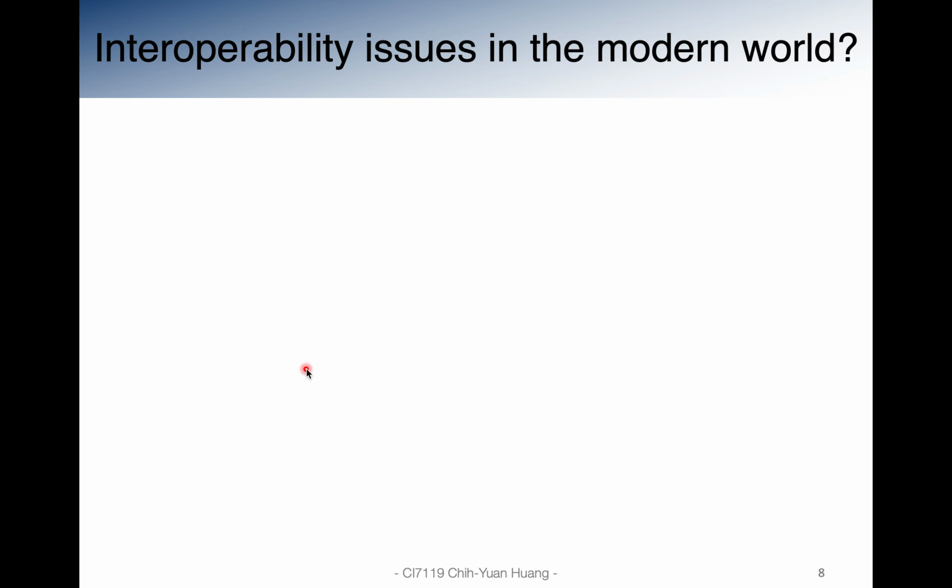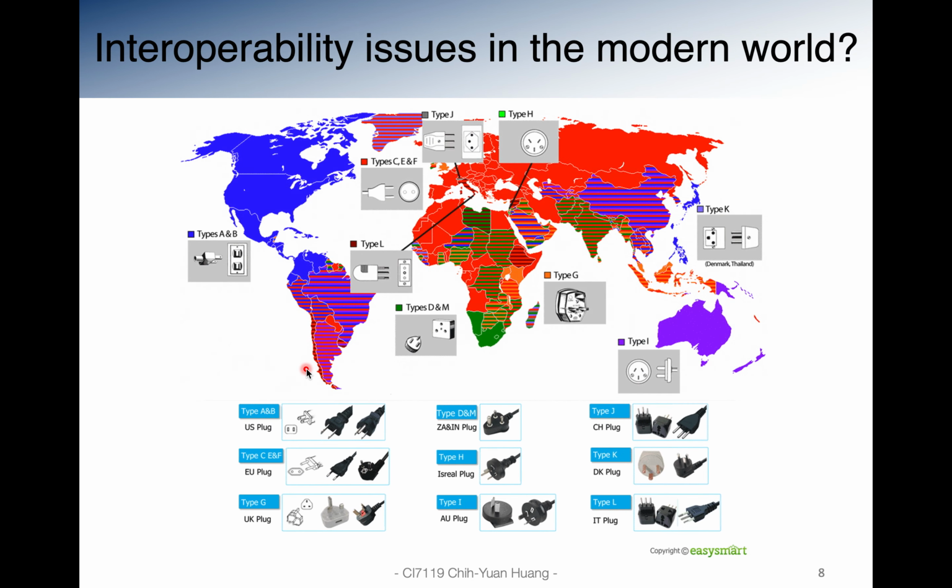Alright, so you may be able to think of a lot of things where we still have differences in the current world. For example, one example is the power socket and also the plugs. As you can see, different regions or countries support different types of sockets and plugs.